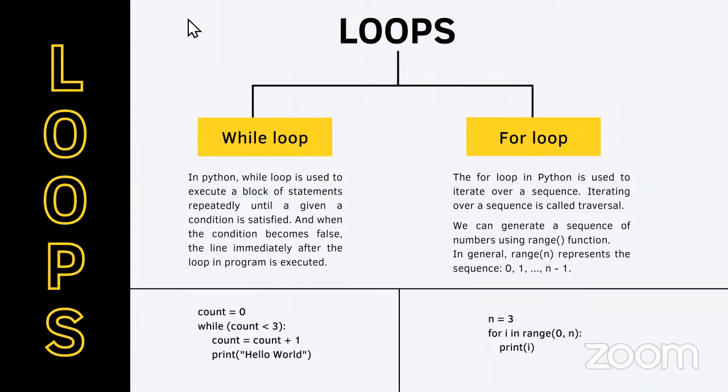Is it clear to all of you? Why not 3? Because in Python, the range is from 0 to n-1. Yes, Parmeet, range is predefined.